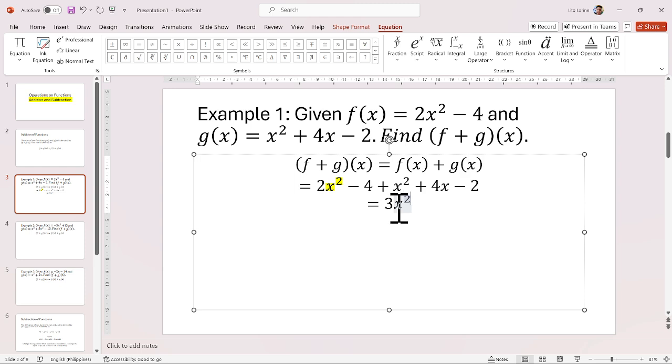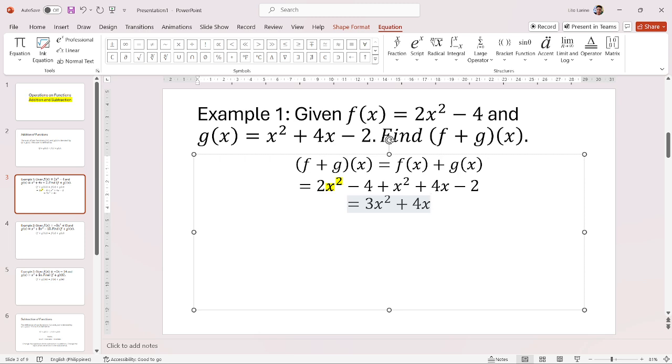Next, after x squared, then we have x. So we add the terms with the same variable and exponent of the variable. We have no other term here with x as the variable. Thus, we will just write 4x, no other term.